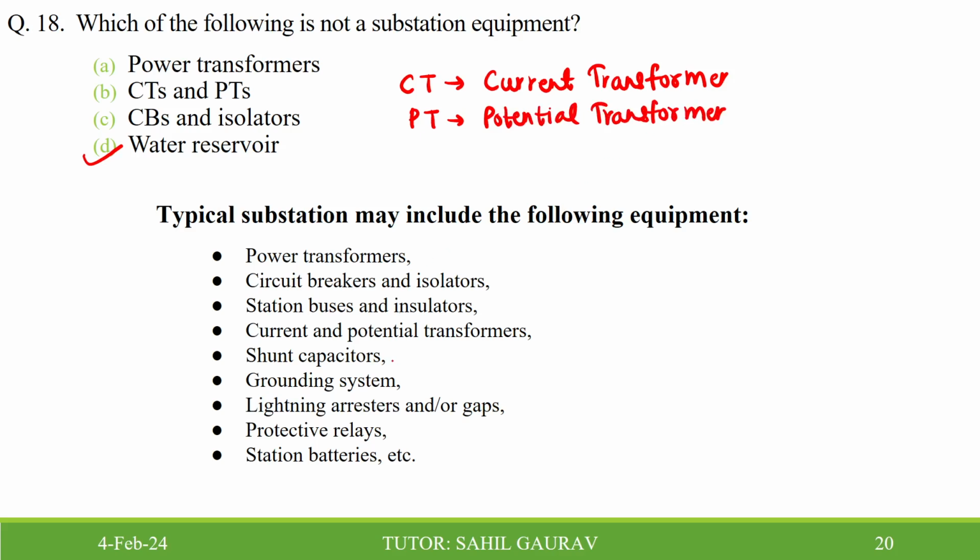Shunt capacitors are used to improve the power factor; grounding system; lightning arresters or gaps to protect the system from lightning; protective relays; and station batteries to provide the auxiliary supplies. So these are the typical equipment for the substation.